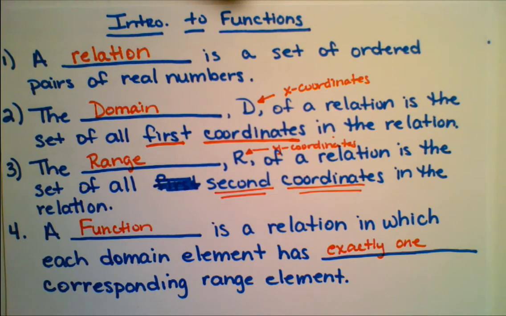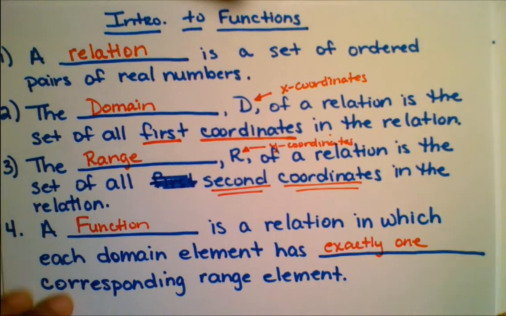So let me explain and break this down a little bit more. What this is saying here, for a relation to be a function, your x coordinate can only be paired with exactly one y coordinate, exactly one.